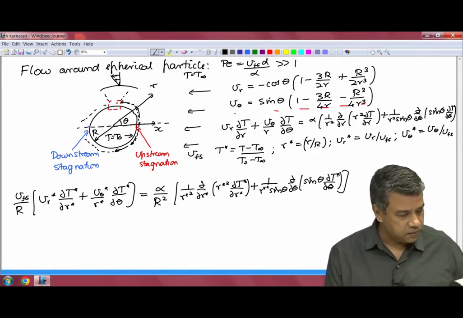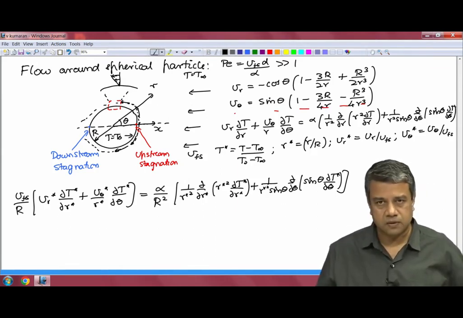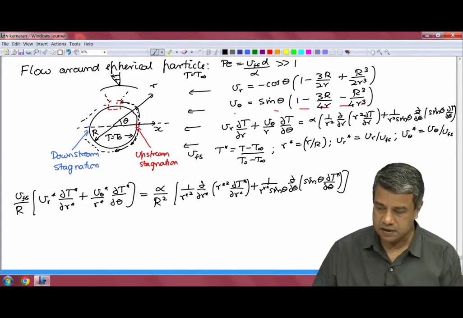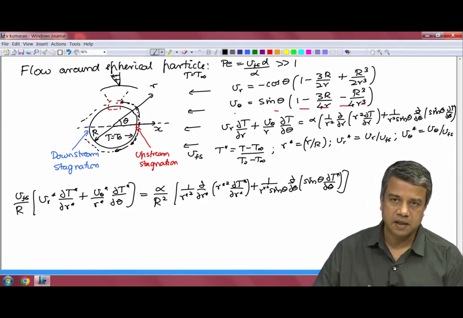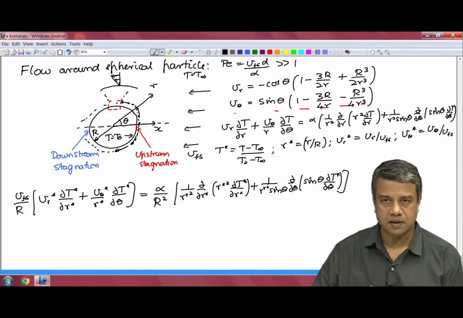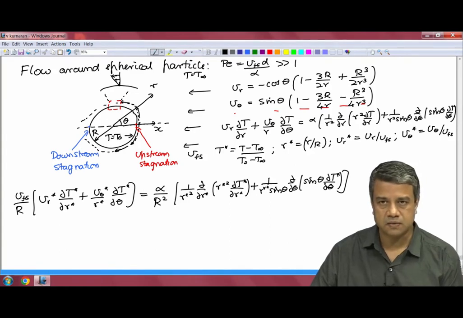So, we will define a scaled coordinate, just as we had defined a scaled coordinate for the flow past a flat plate as z, the distance z divided by delta, where delta is a boundary layer thickness. In that case, the boundary layer thickness delta was a function of x. In this case, the streamwise coordinate is theta.